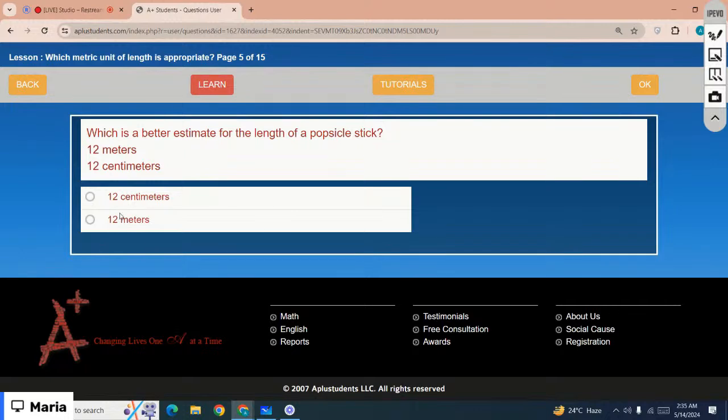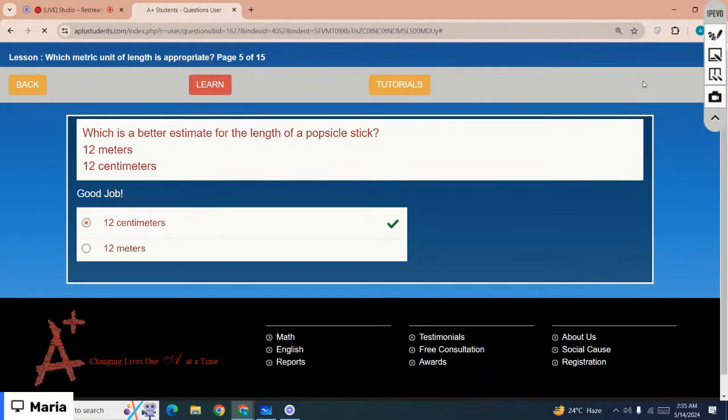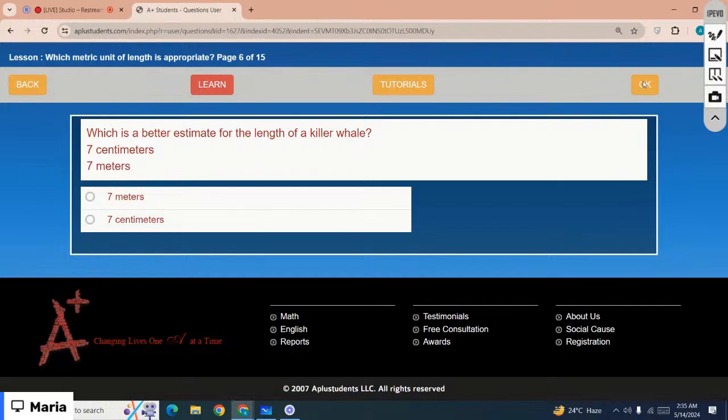The correct option is 12 centimeters, because it is just a popsicle stick. The next one is the length of a killer whale, right?